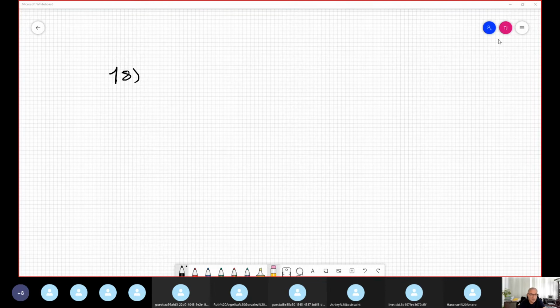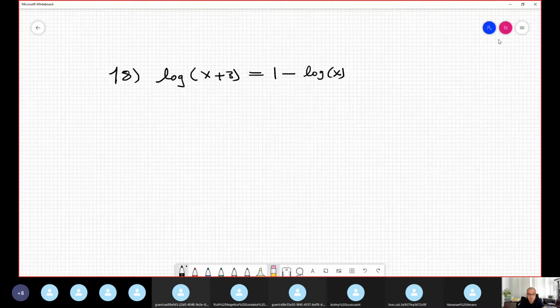It is log of x plus 3 is equal to 1 minus log of x. Again, solve for x. See, no specification of the base here is because it's 10. So by default, you need to know that it is 10. So now the procedure is the same.